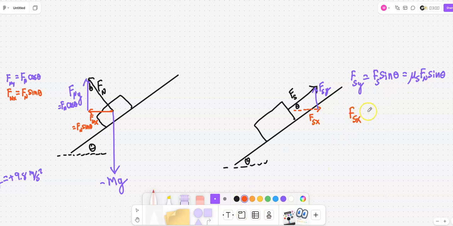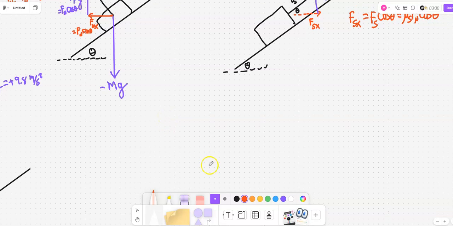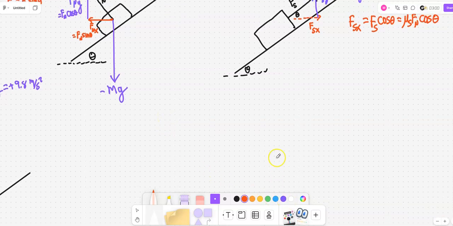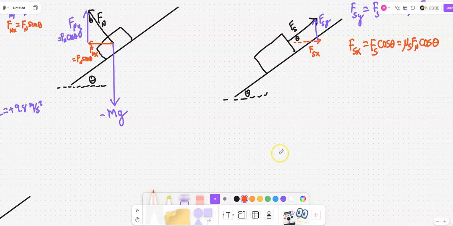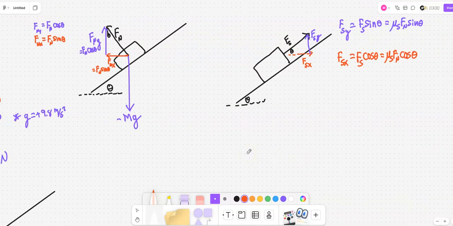Force static x will be equal to force static, this is the adjacent side, cosine of theta, which would be equal to the coefficient of static friction times the normal force times the cosine of theta. Okay, so we're going to do that same thing we did before. Now, I tried to rush this through class yesterday before the bell rang, and I think I paid the price. So let me zoom out just a tad so we can see everything. Let me sum my forces in the y direction.